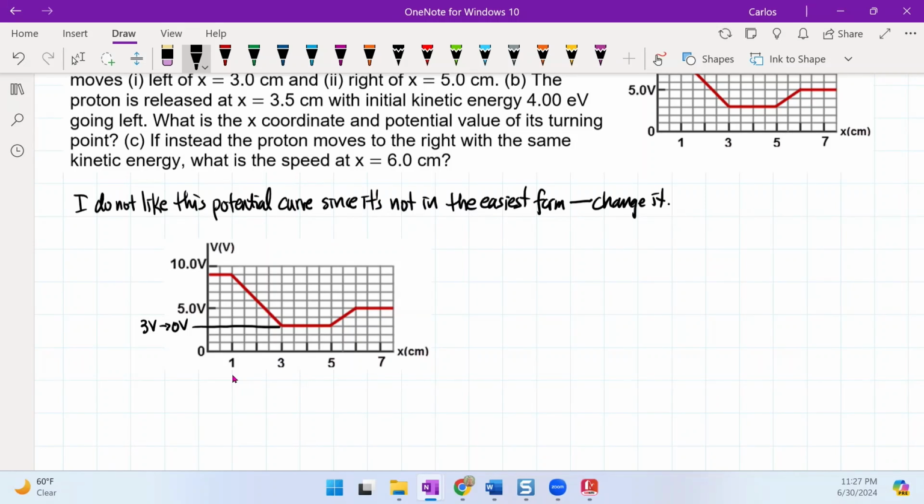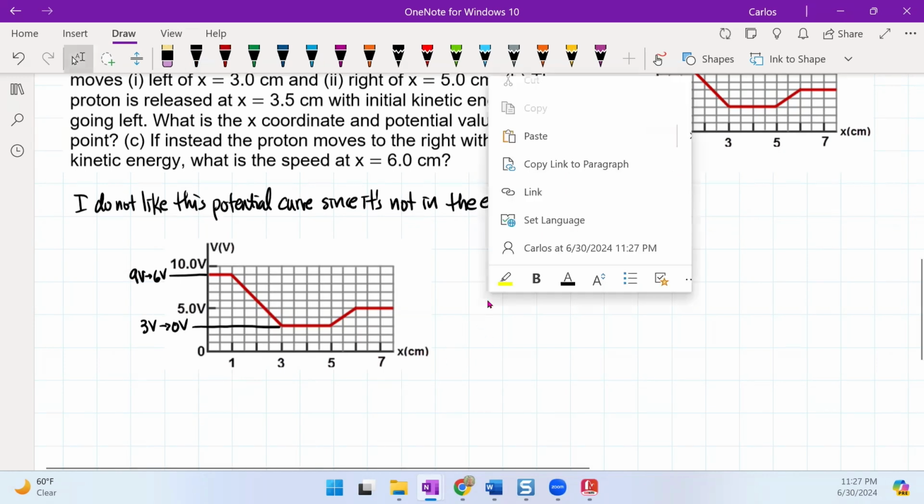Now, if it goes up by 3, note that the max here is at 9 volts, but if I subtract 3, we should make this guy go to 6 volts. So we want to change this curve to make it most useful.